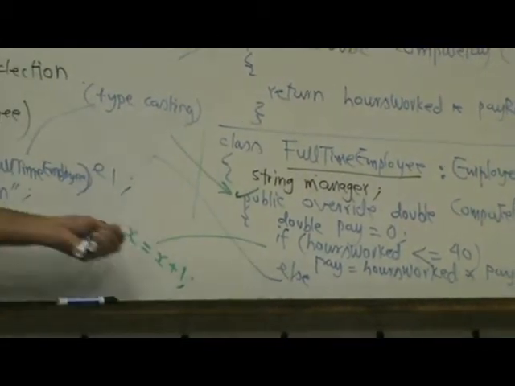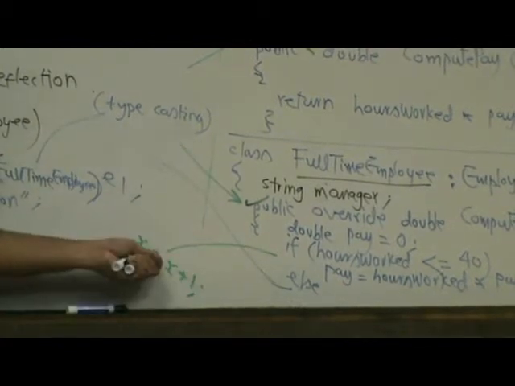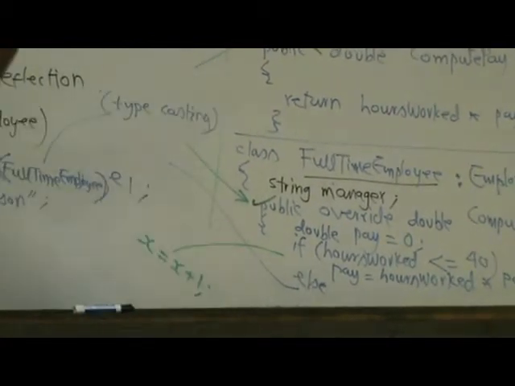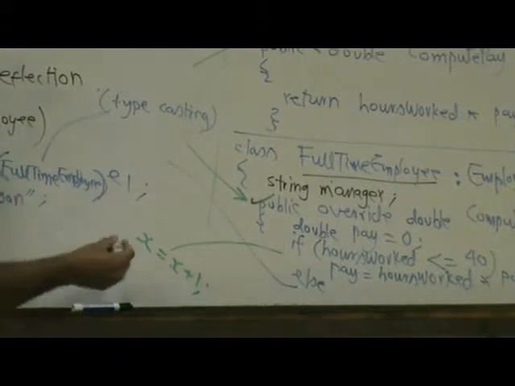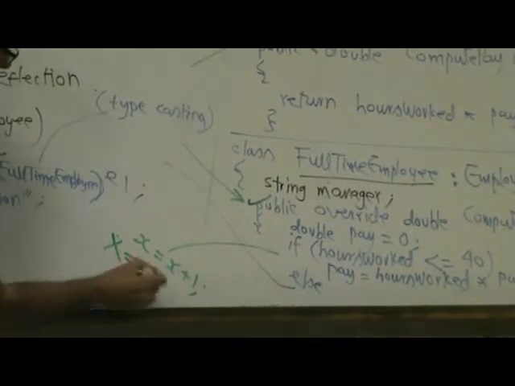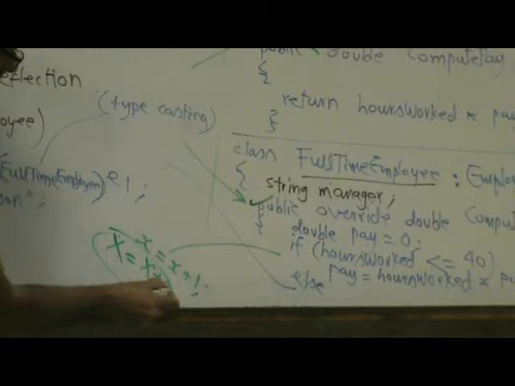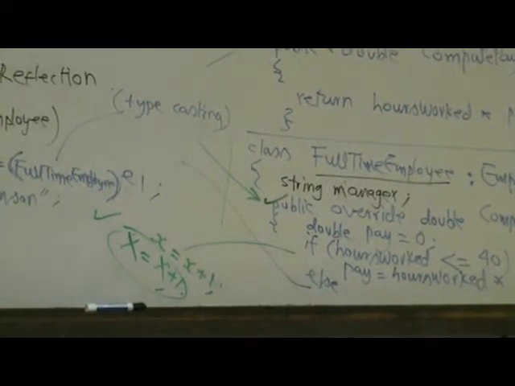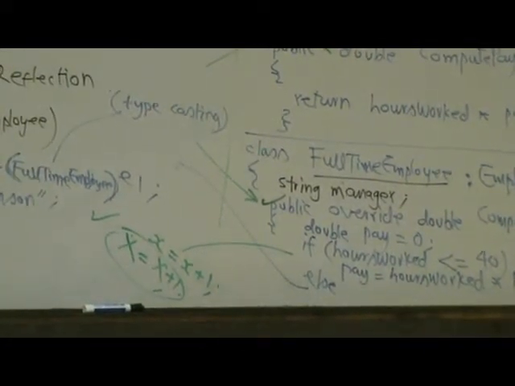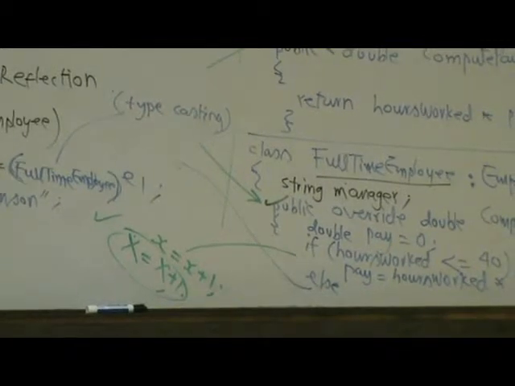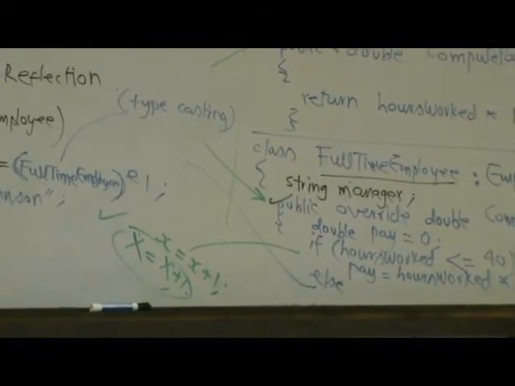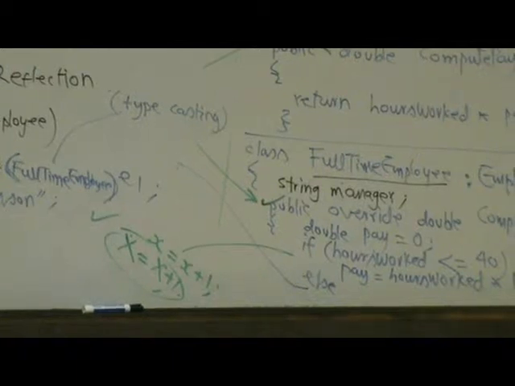It will complain that it cannot access it because it is private. But you can always go x equal to x plus 1 and it will work. So even the private fields are inherited. The question is, how do you access them?